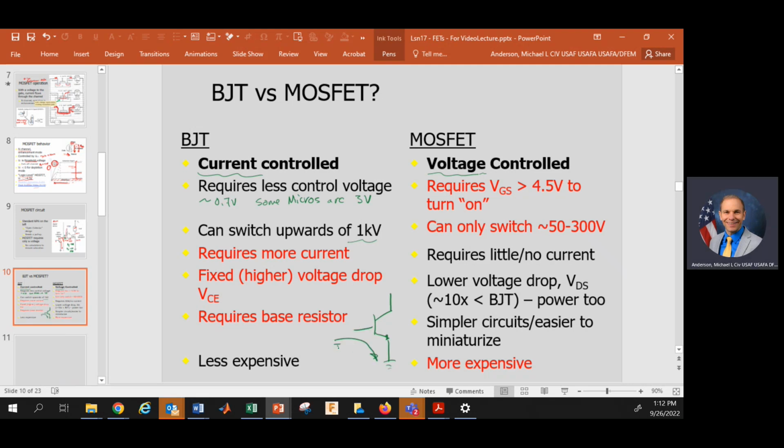Current flows through the base, and you have to have a steady flow of current to keep it on. A MOSFET doesn't have that need. As long as you've got a positive voltage here, there's no actual current flow into the device. So that's really nice.